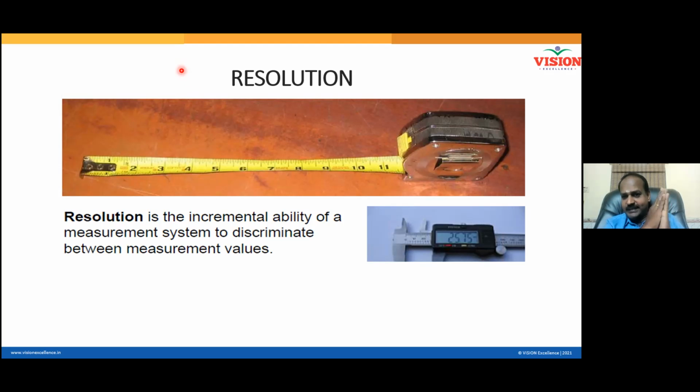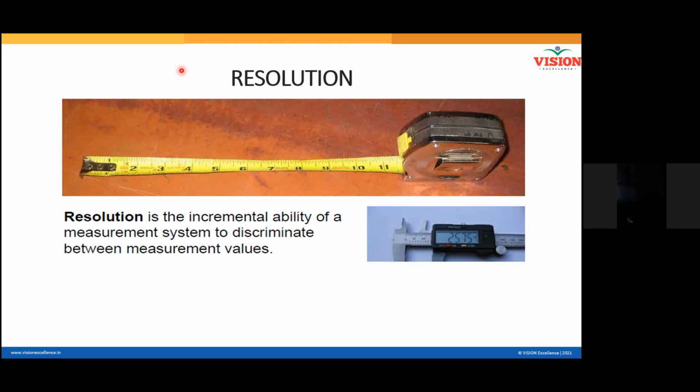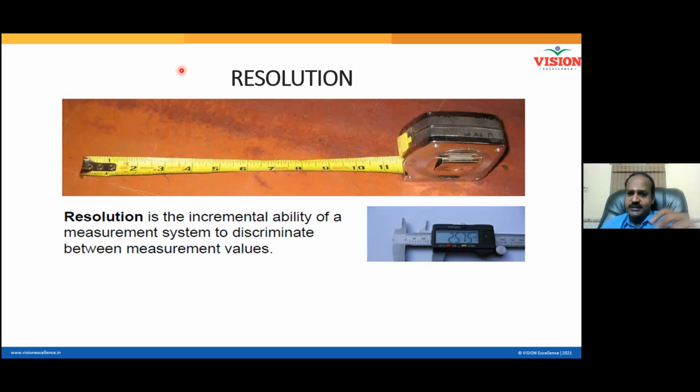I really appreciate Arul Shekhar's finding. He is correct, 0.01. Arul Shekhar, tell me what is the unit? 0.01 minutes? No. 0.01 seconds. Beautiful. 0.01 seconds is correct.